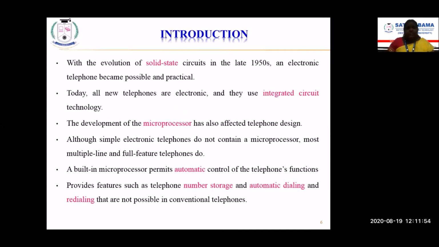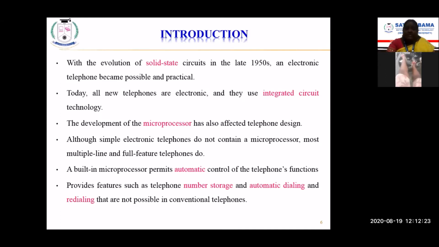Okay. So now let us see how these electronic telephones have evolved from the analog telephones. With the evolution of solid state circuits in the late 1950s, these electronic telephones came into the market. Solid state circuits means integrated circuits. So yesterday we had seen the standard telephone PCB circuit, over which all the components, resistors, capacitors, amplifiers, oscillators, crystal oscillators, diodes, have been placed on a PCB board.